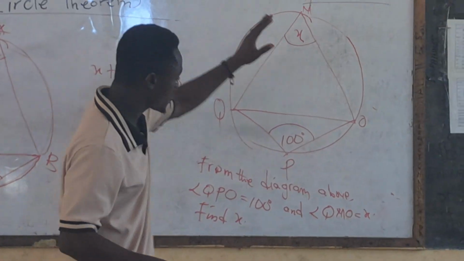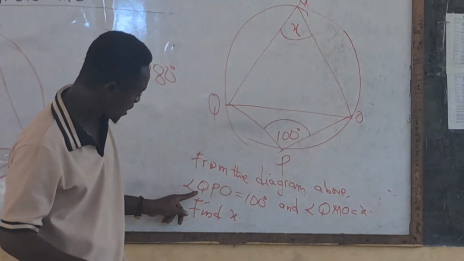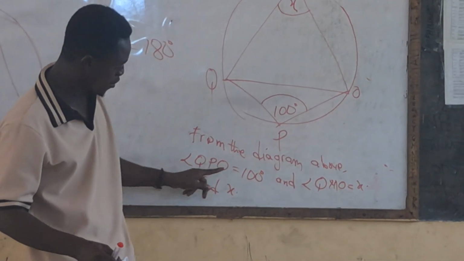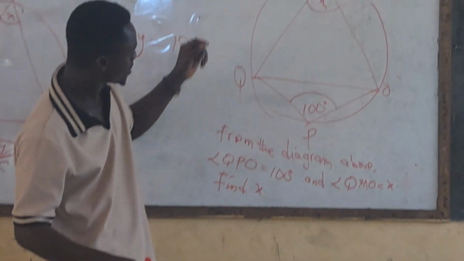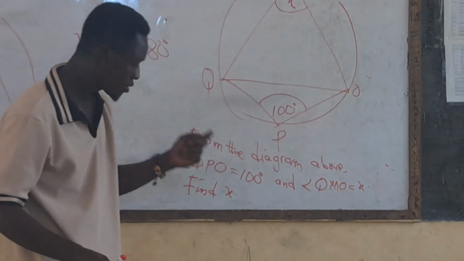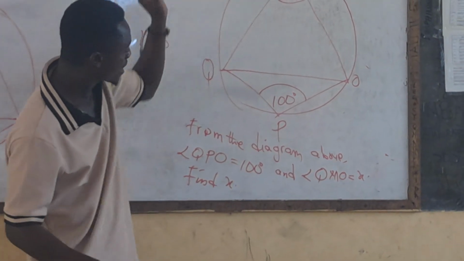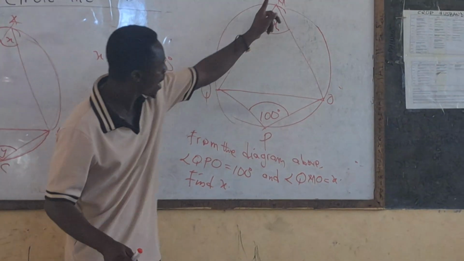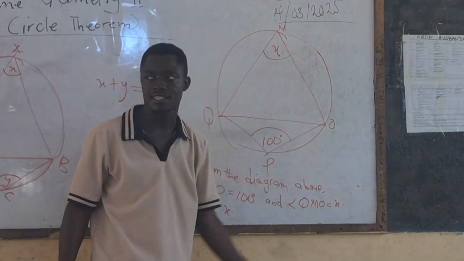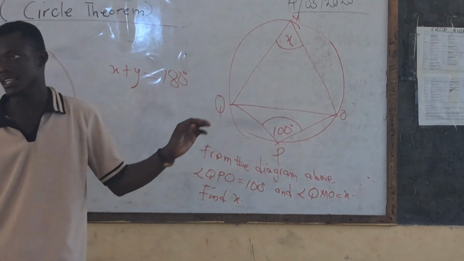On the diagram above, they said that angle QPO is 100 degrees, and angle QMO is equal to x. The question is asking us to find x.